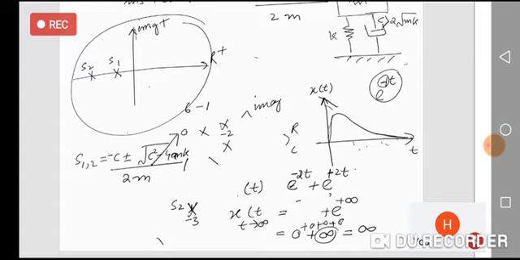If this component becomes equal to 0, then S1, S2 becomes minus C over 2m, or S1 is equal to minus C over 2m and S2 is equal to minus C over 2m. That means that both the poles have exactly the same value. Figure में देख के मुझे बताएं, does both the poles have exactly the same value? No, sir. नहीं है.